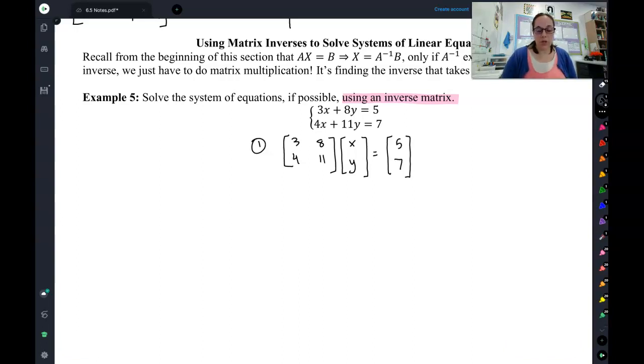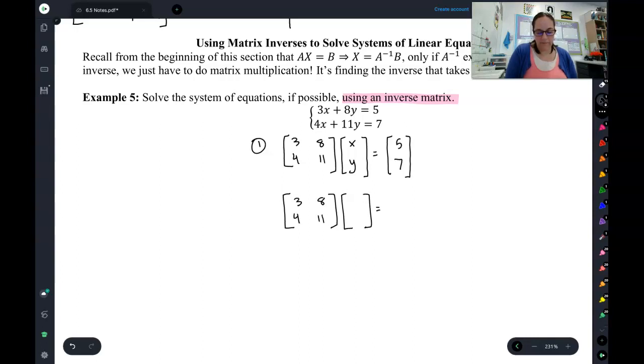Now, for step 2, we need to figure out what the inverse of this matrix is. Let me rewrite it so we can see what's going on here. So we need to find the inverse of this matrix so I can multiply by that inverse and these will cancel out. That's the goal.